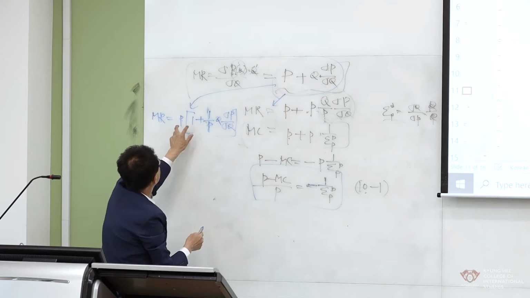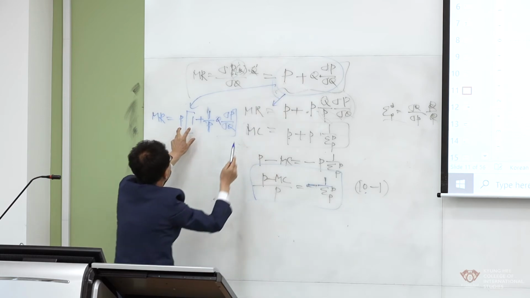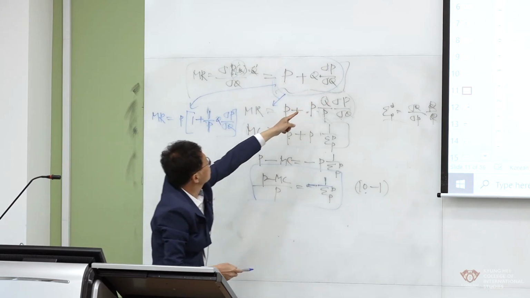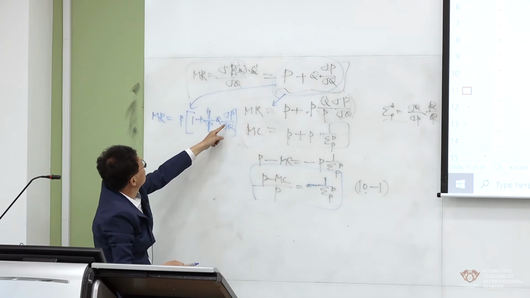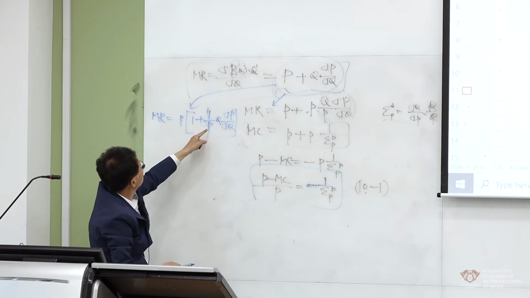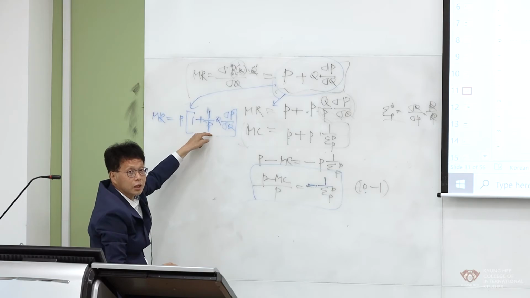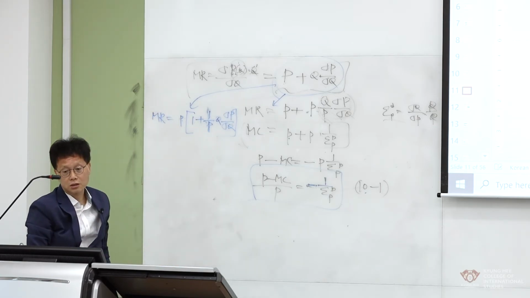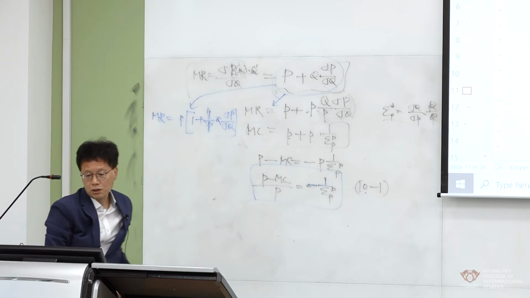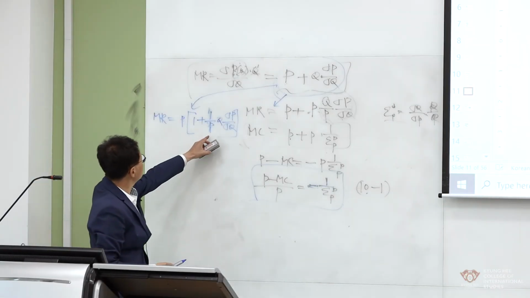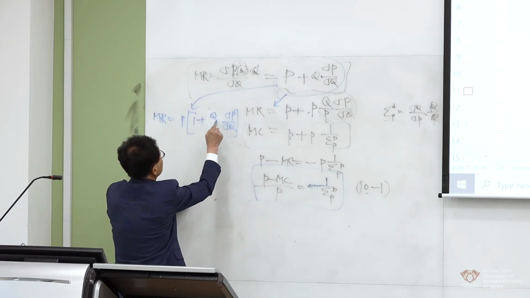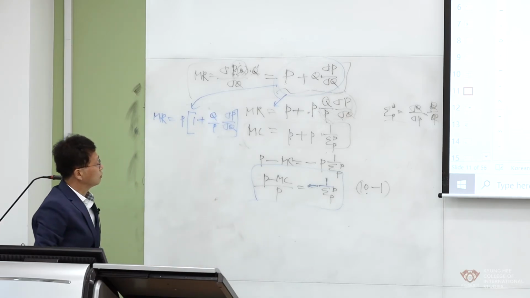So the first component is this one. The second component is this one. Q over P times change in P, change in Q is multiplied by price and divided by price. So we can rewrite it like this, isn't it? Rewriting this one is just Q over P, right?